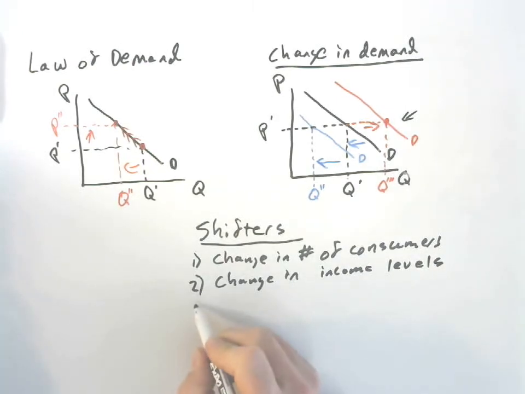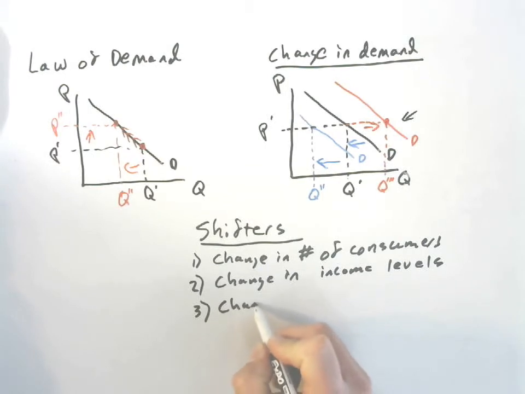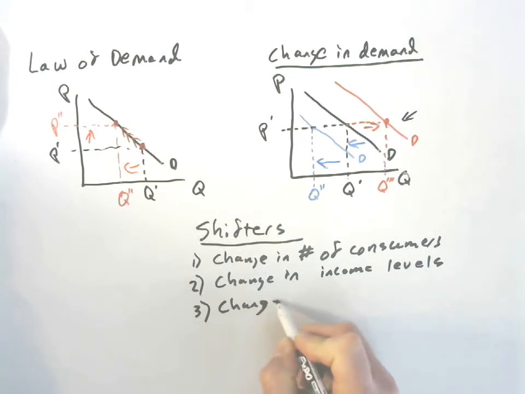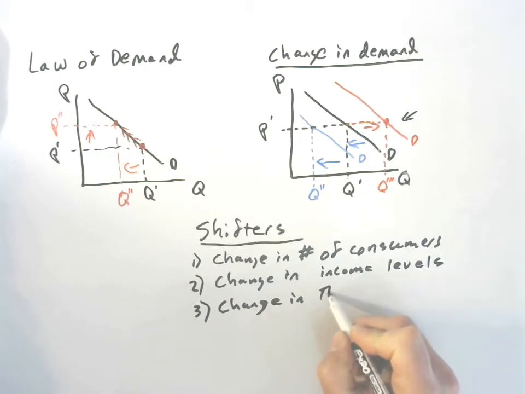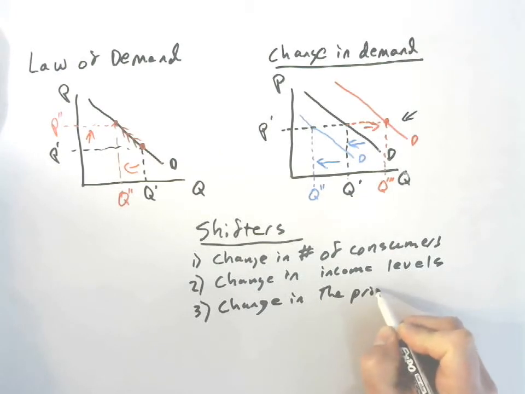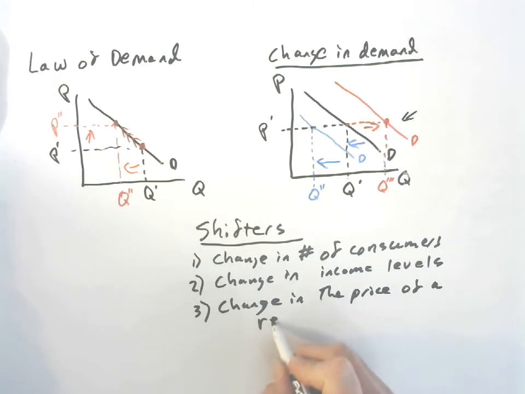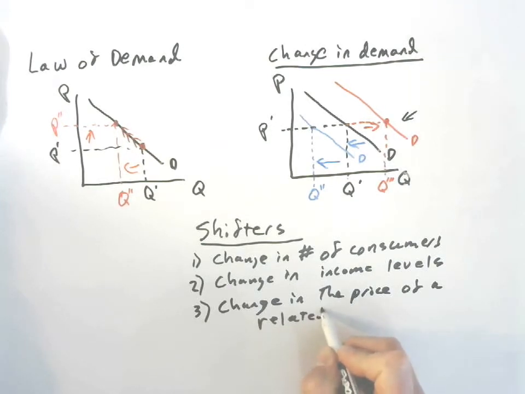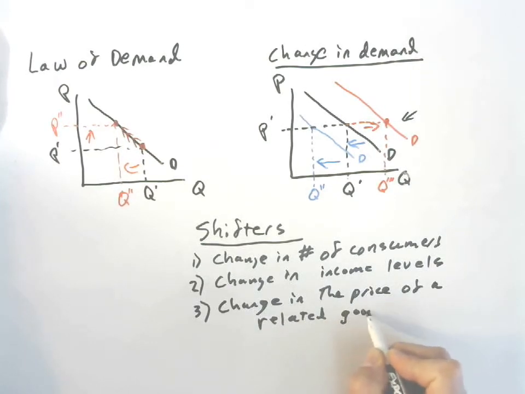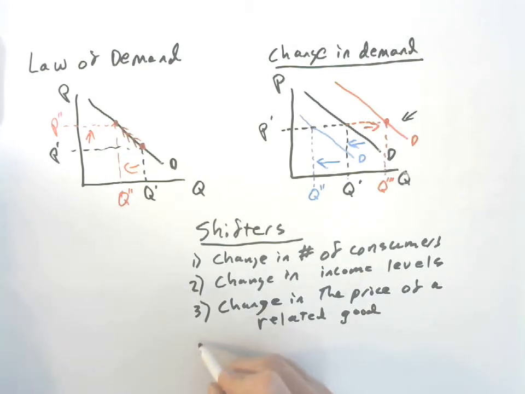Okay. A third demand curve shifter is a change in the price of a related good.